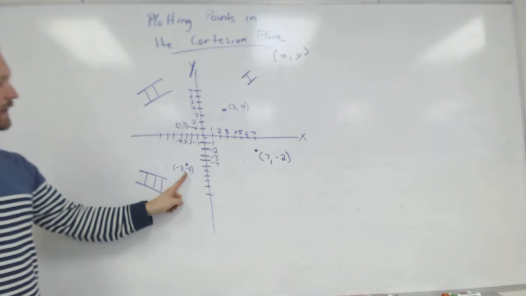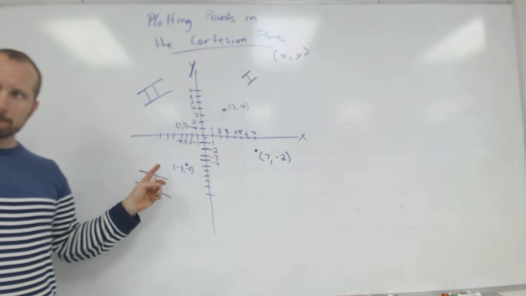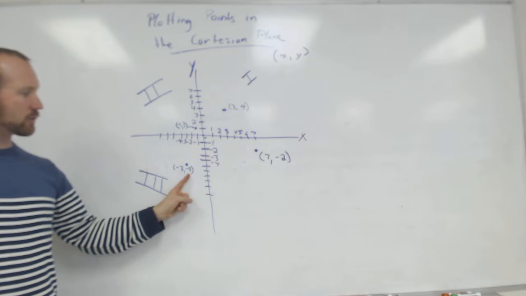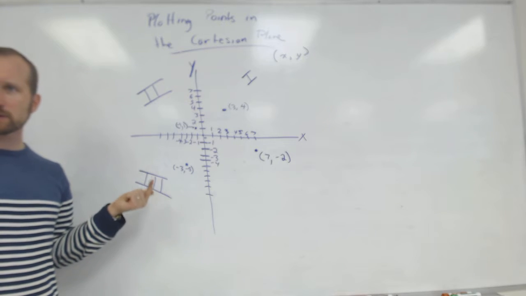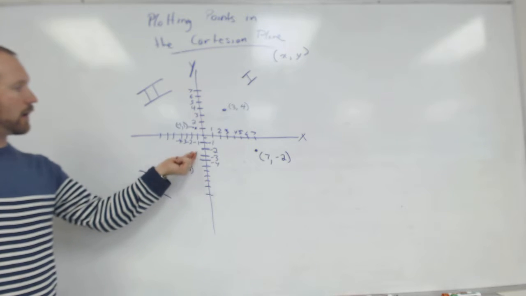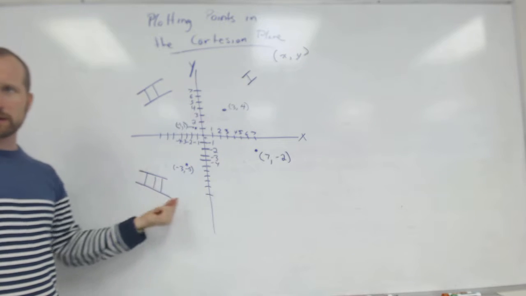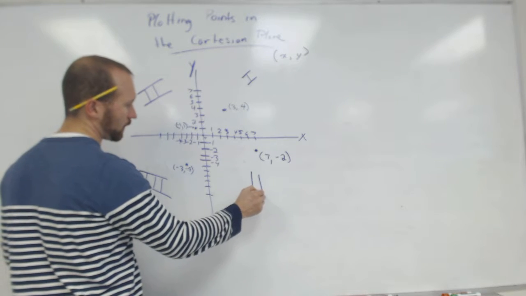What would be true of any point in quadrant 3? Notice this point, -3, -5. Both the x and y coordinates are negative. In quadrant 3, all of your coordinates are going to be negative, right? And then over here we have quadrant 4.